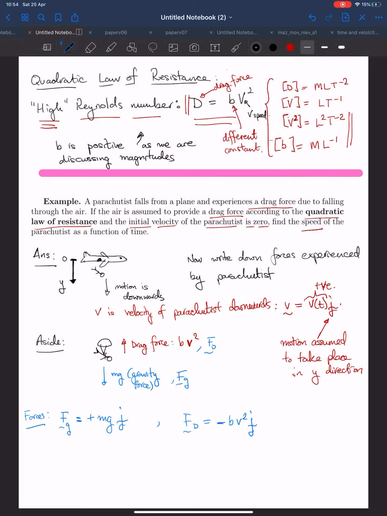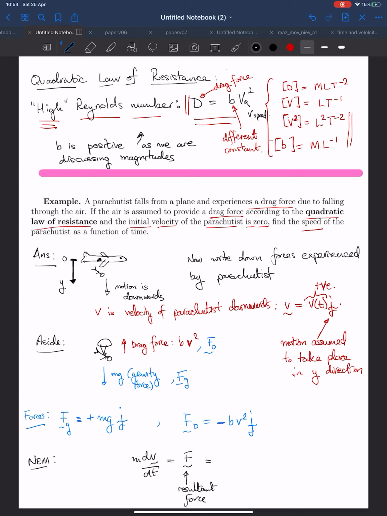Now, Newton's equation of motion then says m dv by dt is F. F is the resultant force. How do you get the resultant force? Well, this word resultant is the link with the vector.